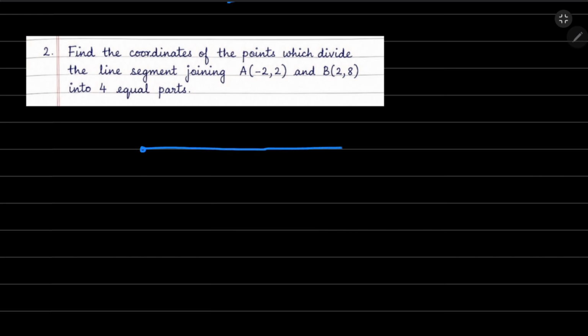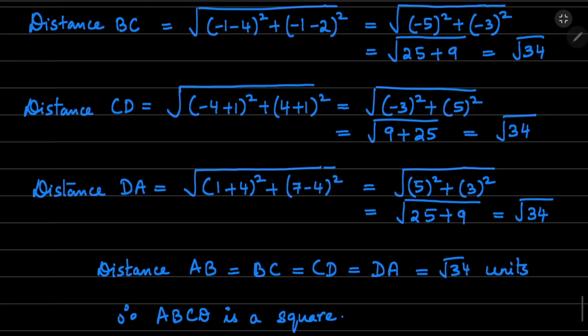One point can divide a given line into 2 equal parts. If you have 2 points, it can divide a given line into 3 equal parts. Now, if you need 4 equal parts, how many points should you have? You should have 3 points.